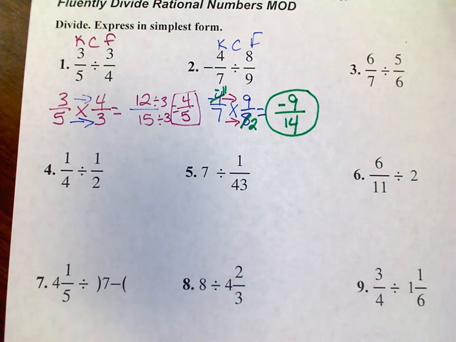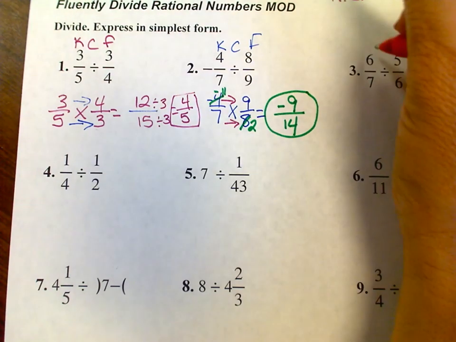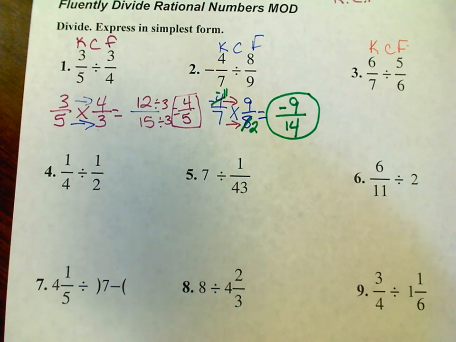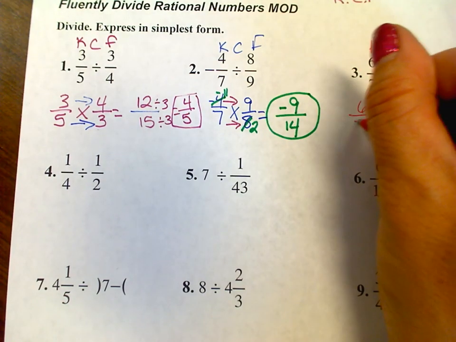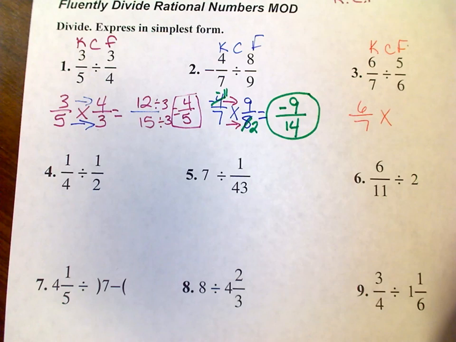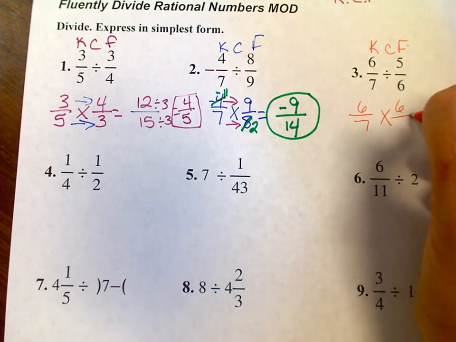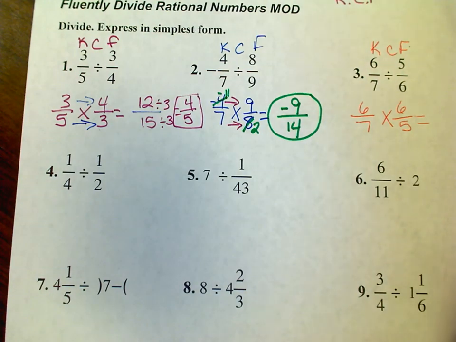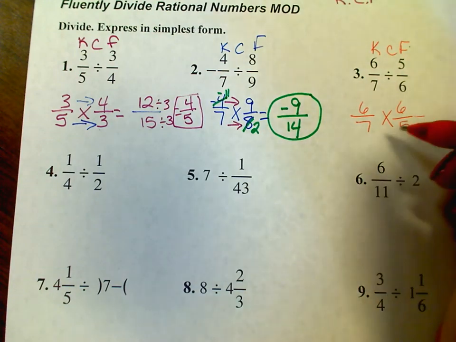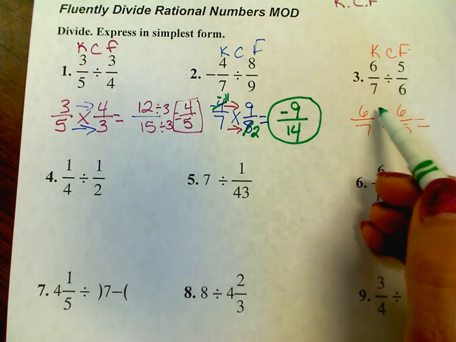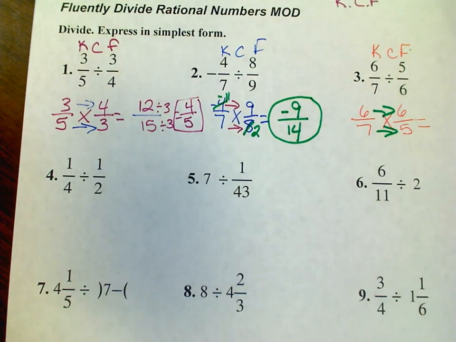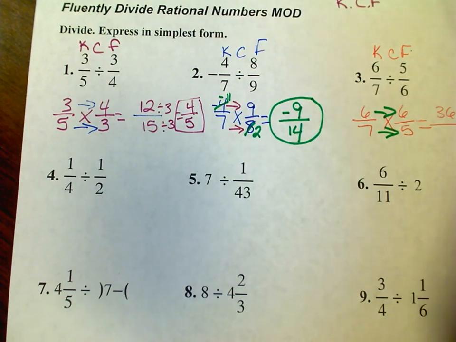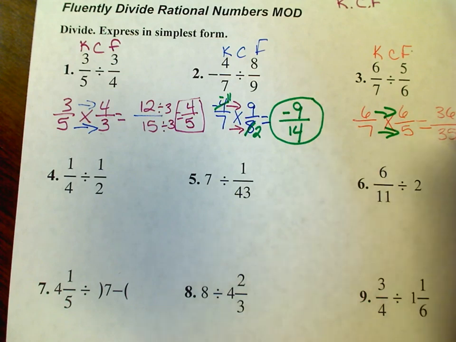So number 3. Keep, change, flip. Keep 6/7, change the sign, use the reciprocal, so 6/5. Nothing reduces, so you multiply straight across. 6 times 6 is 36. 7 times 5 is 35.